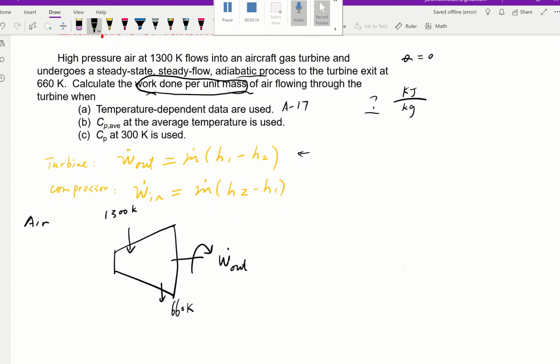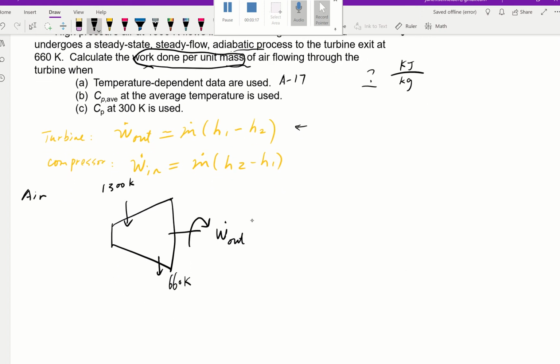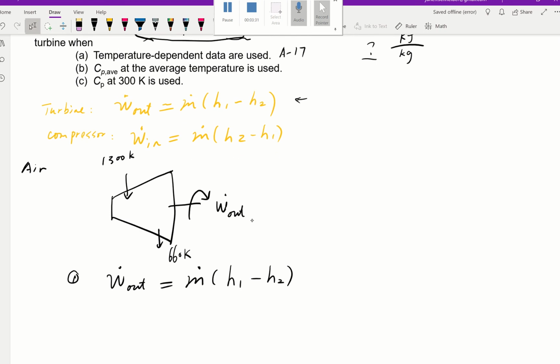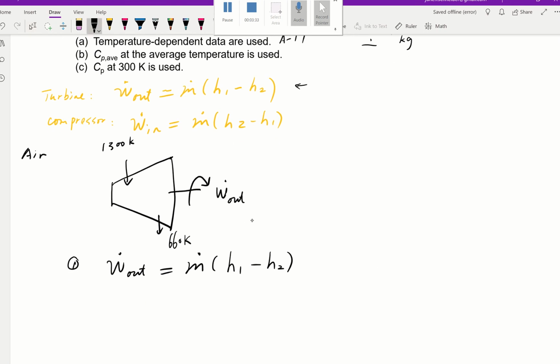If this is a turbine, our first equation is W dot out equal to mass flow rate times H1 minus H2. Let's think about the units for a second. W dot out has units of kilojoules per second, since it's with a dot, which means divided by time.